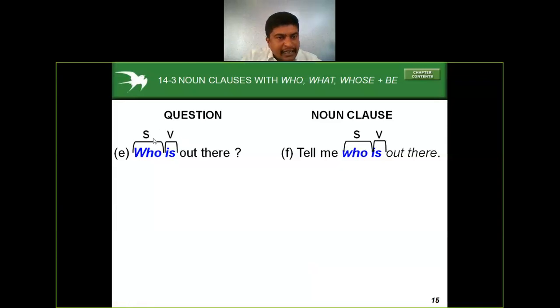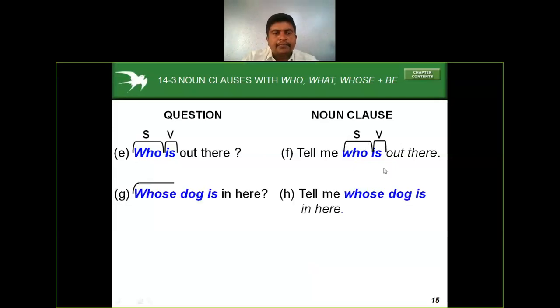In the question, the verb will come first and the subject next. But in the noun clause, the subject is placed first and the verb second. See, whose dog is in here? Tell me whose dog is in here. See.